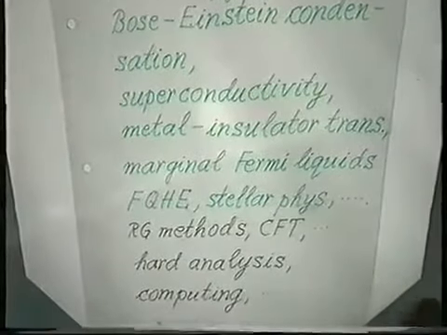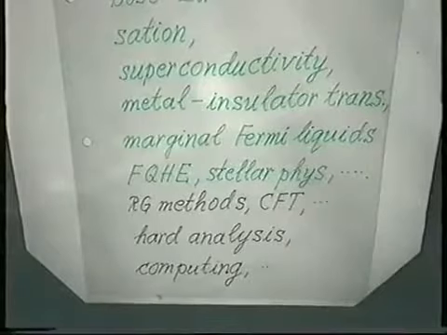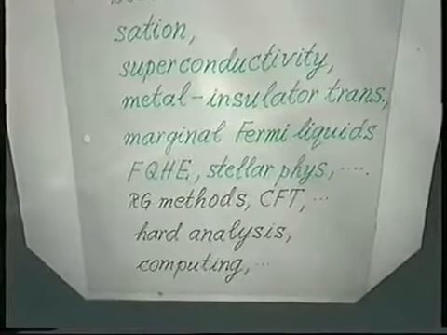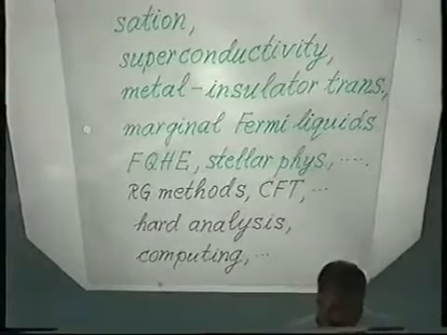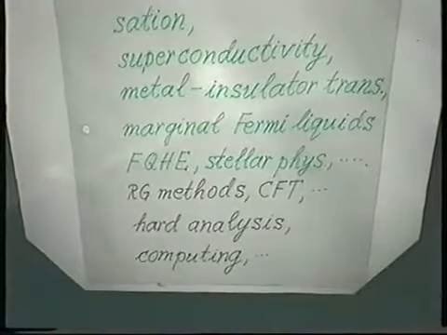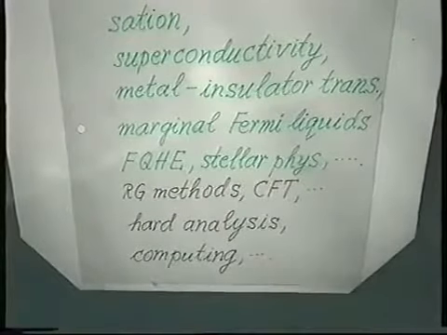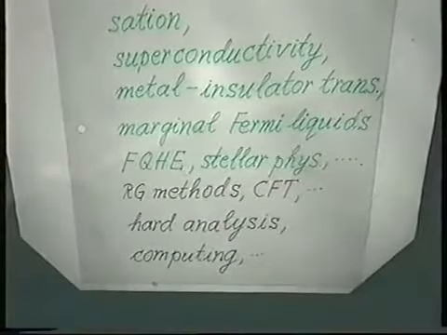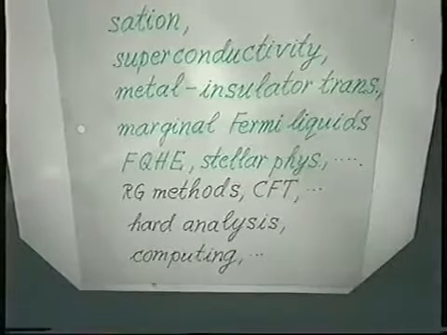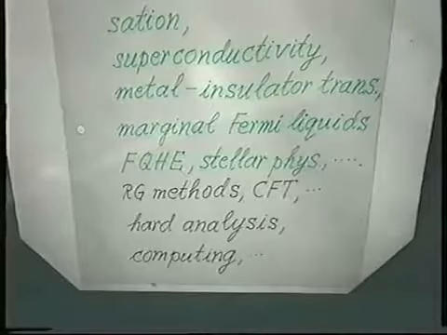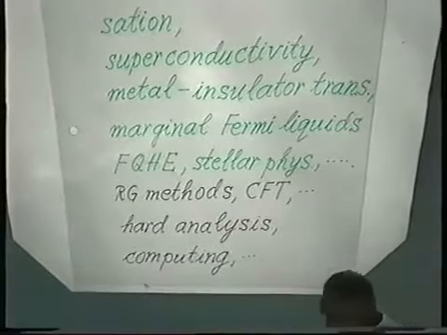But in the end, what we are mostly interested in is to understand highly correlated large quantum systems. For example, low energy quantum chromodynamics which is very poorly understood, or the phase transitions that appear in many body theory, such as Bose-Einstein condensation or superconductivity, or the metal insulator transitions that have become quite fashionable in recent years, or things like marginal Fermi liquids, the fractional quantum Hall effect, or stellar physics.